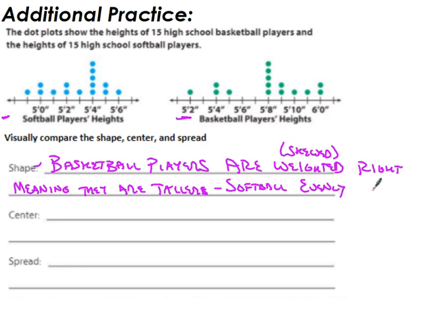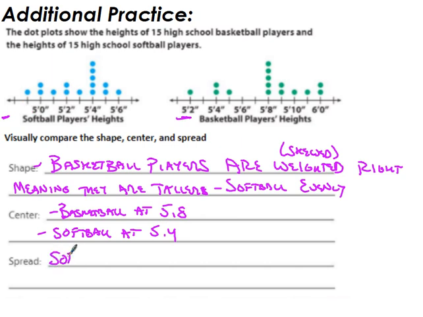Center of the data. Looks like basketball at 5'8". Softball at 5'4". And then the spread.